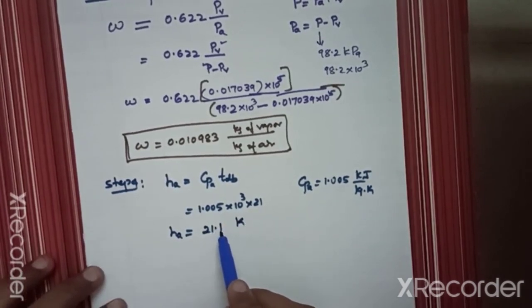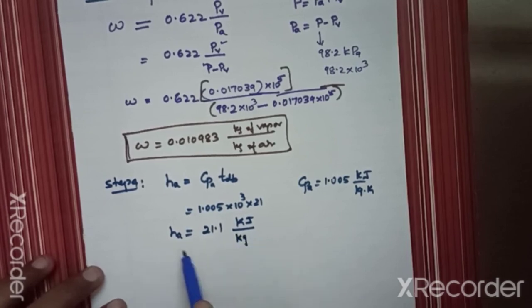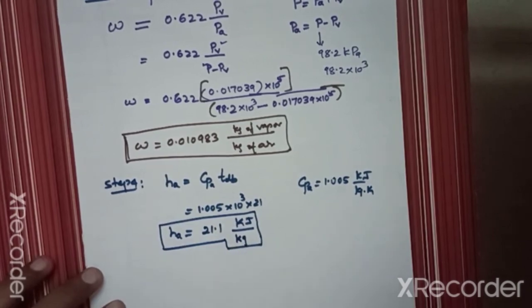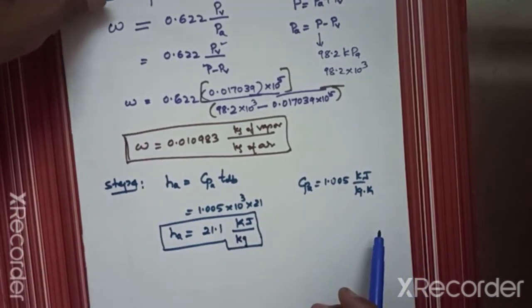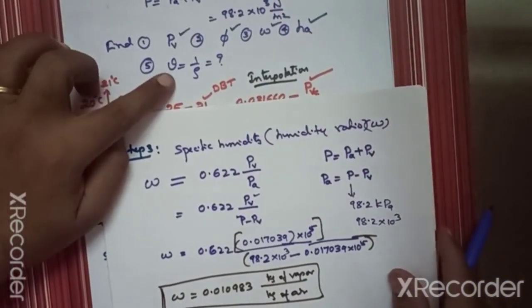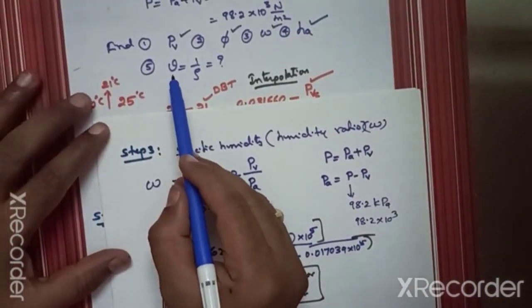So 21.1 kilojoule, you will get 21,100, but I will convert into kilojoule per kg is the value of enthalpy of the air.